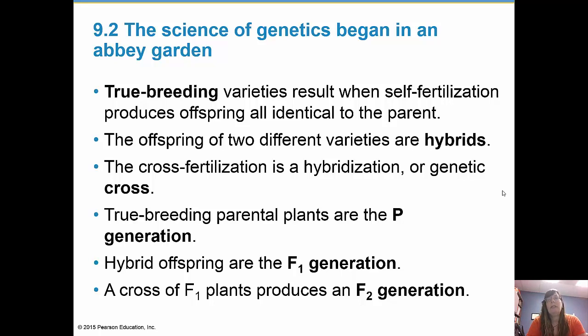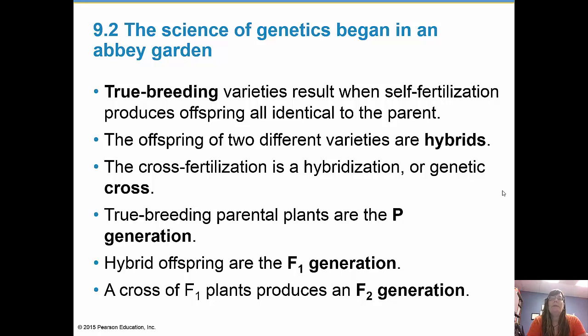So since the dominant is what is expressed when it's present, the two uppercase P's, the two dominant alleles, are going to be purple, and the dominant allele and the recessive allele together are going to produce purple flowers. But the white flowers are two lowercase p's, so both recessive alleles. Both recessive alleles have to be present for that recessive to be expressed.